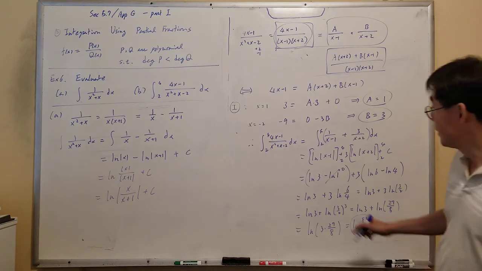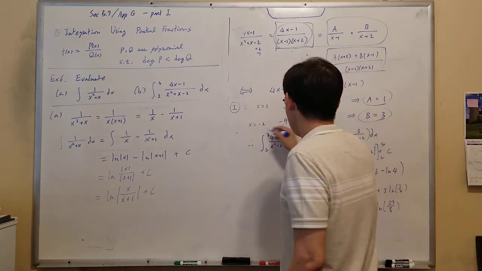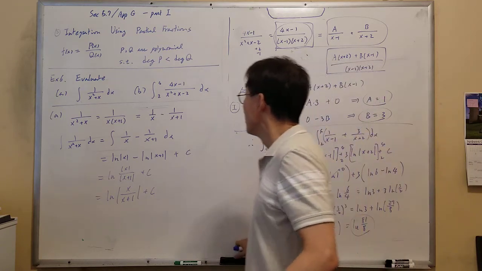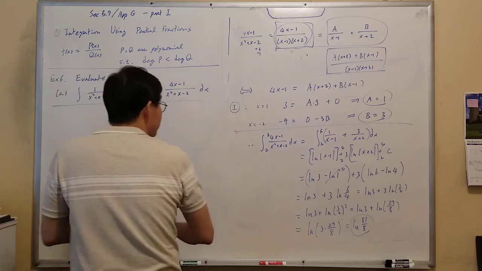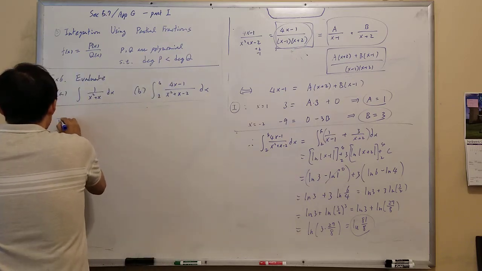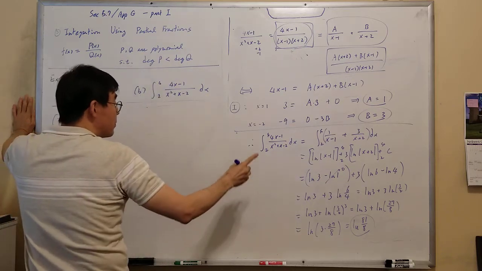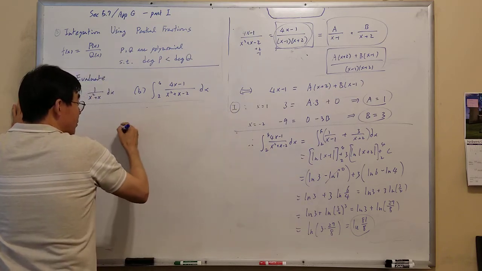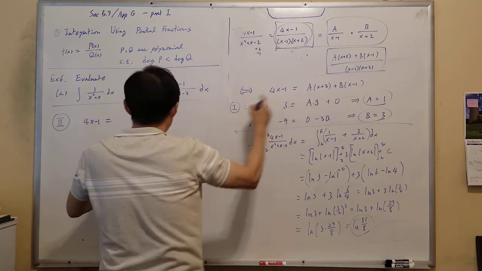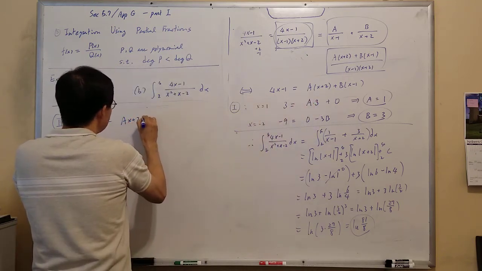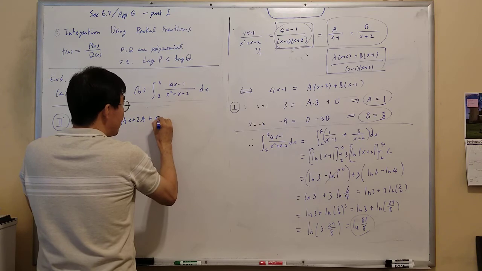Now, I said that this is the first method of getting this a and b. Another method here is this one. Second method is, over here, we just distribute the right-hand side: ax plus 2a, bx minus b.